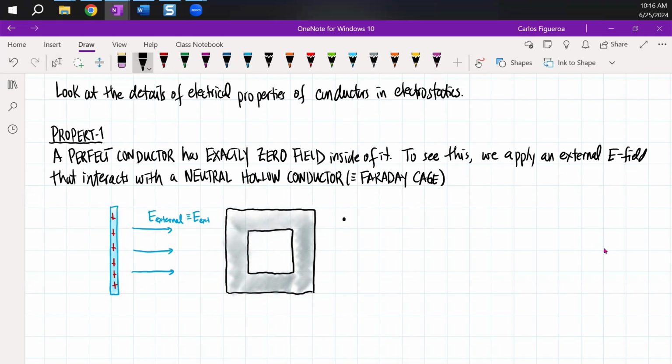The first thing that we would see here is that the external field, E external, induces negative and positive charges.